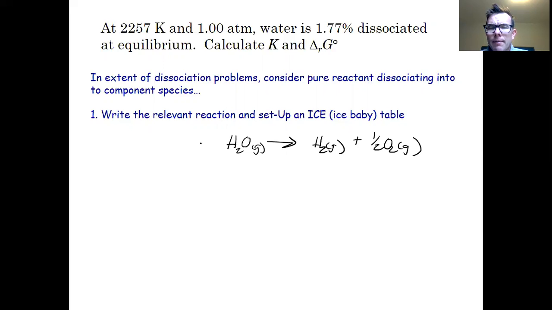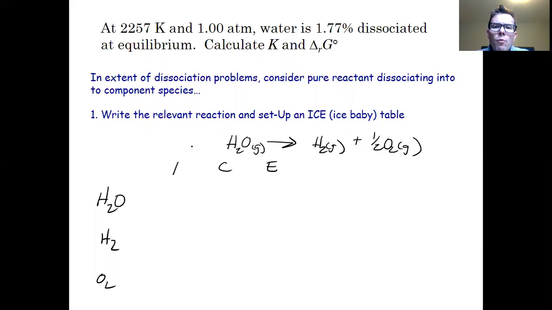I can tell you why later, but ultimately that will be helpful. So the dissociation reaction for 1 mole of H2O is written here. The second thing to do is set up an ICE table. So again, it's going to look like this: H2O, H2, O2, ICE.